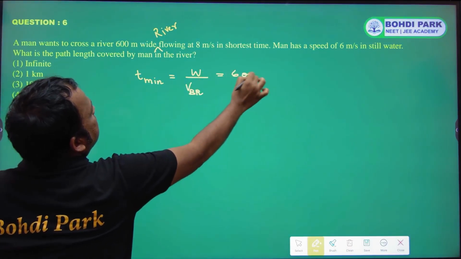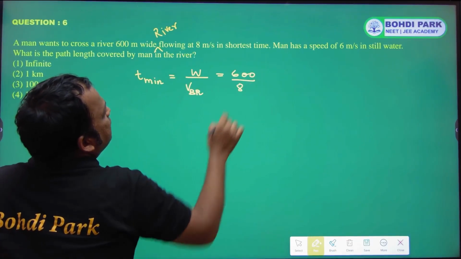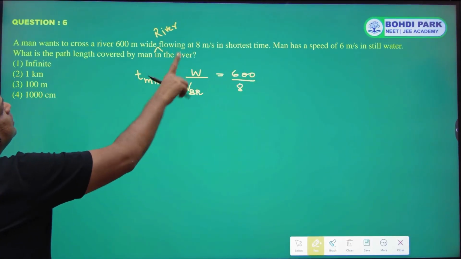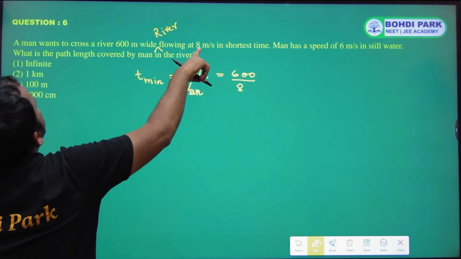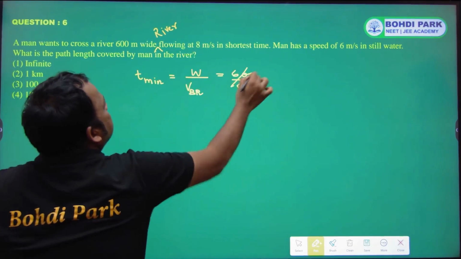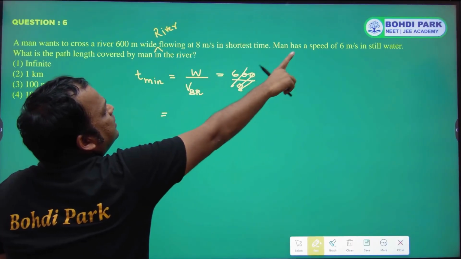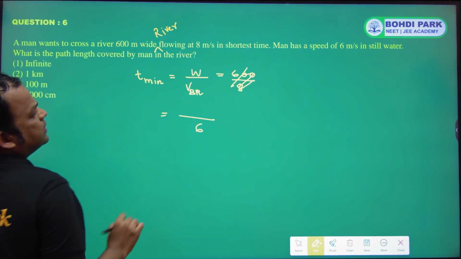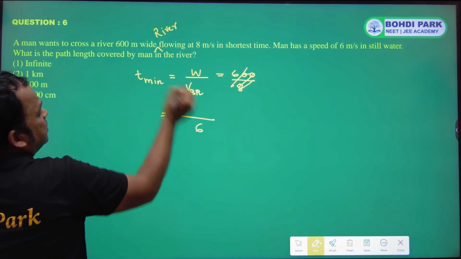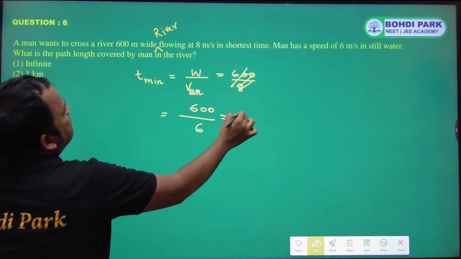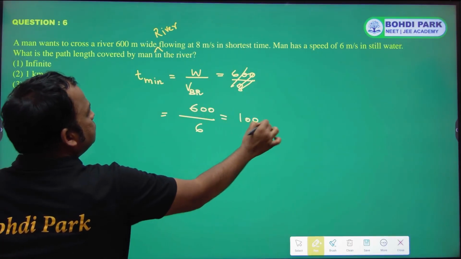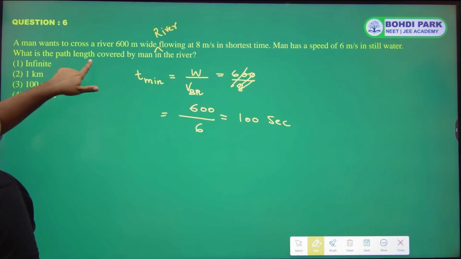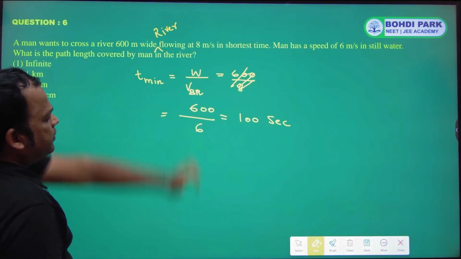So this is 600 by 8. Okay, sorry. River speed is given 8 meter per second, and man speed in still water is 6 meter per second. So velocity of boat with respect to river is given 6 and W is given 600. So this is equal to 100 seconds.